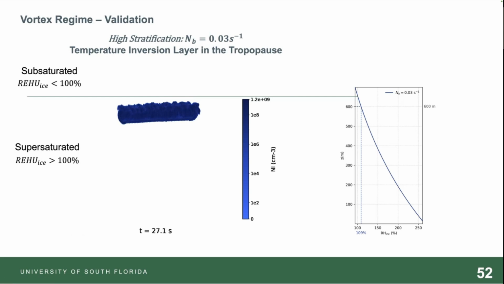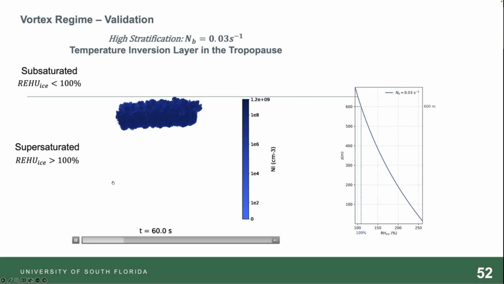We can see the contrail slowly starts to descend further and further, but it keeps staying in the supersaturated region. So the ice crystals keep growing by depositional growth.